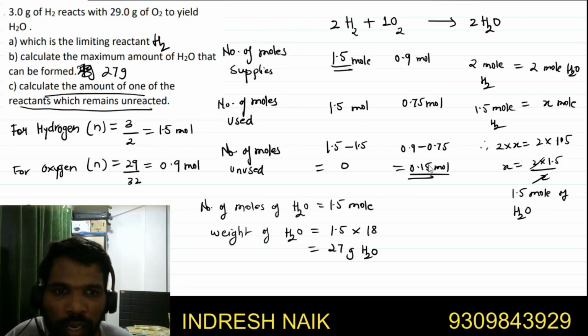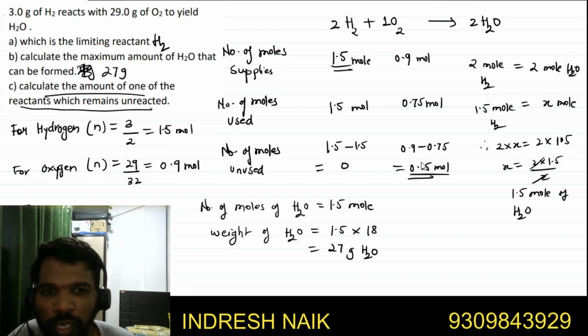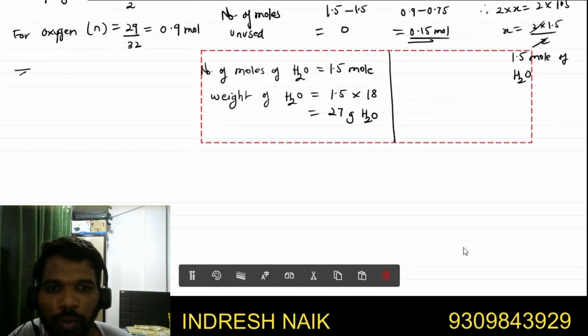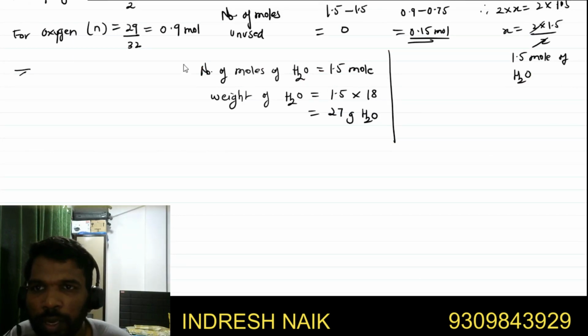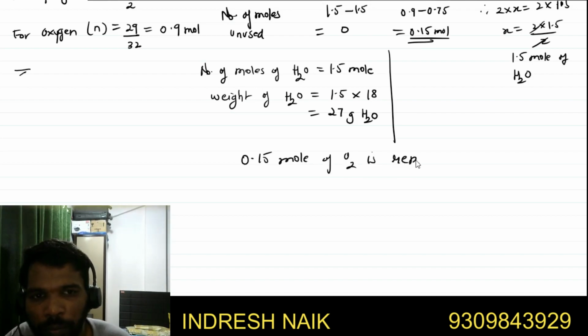Calculate the amount of the reactant which remains unreacted. So which is the reactant that is remaining unreacted? O2. Okay, I'll clean this space. I'll go down. So O2 is remaining unreacted. That is how much? 0.15 mole of O2 is remaining unreacted.